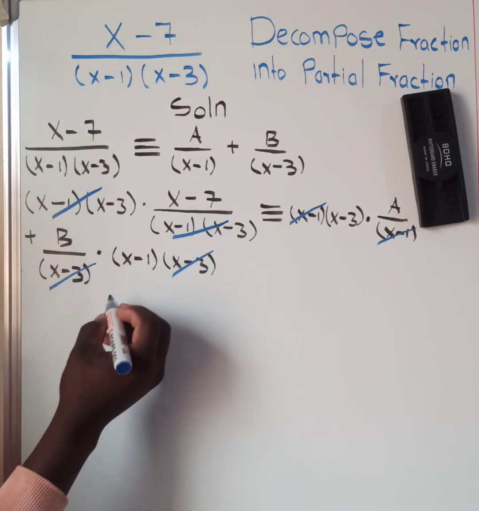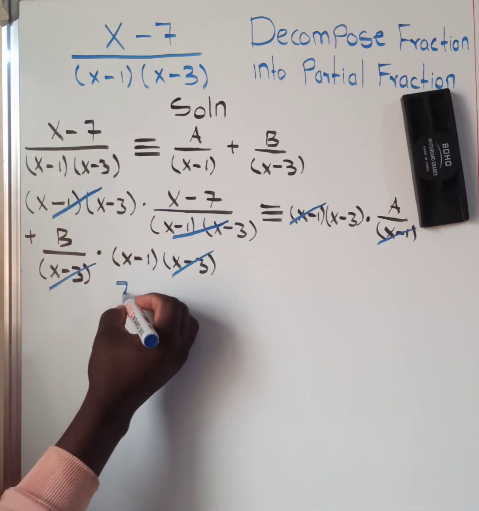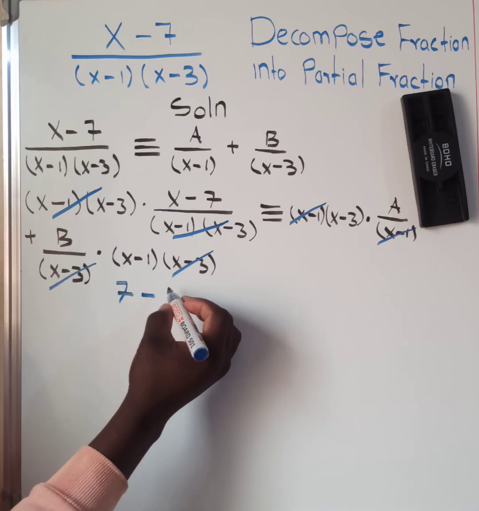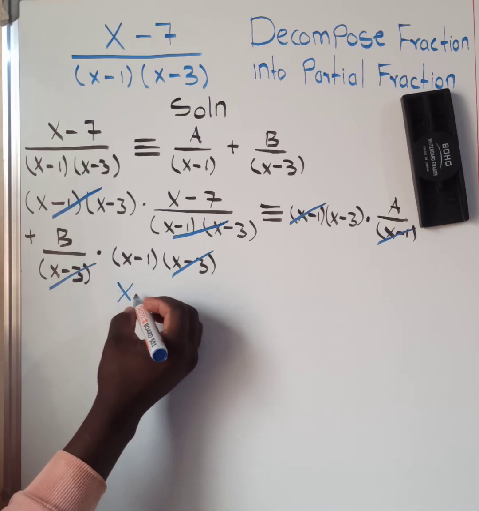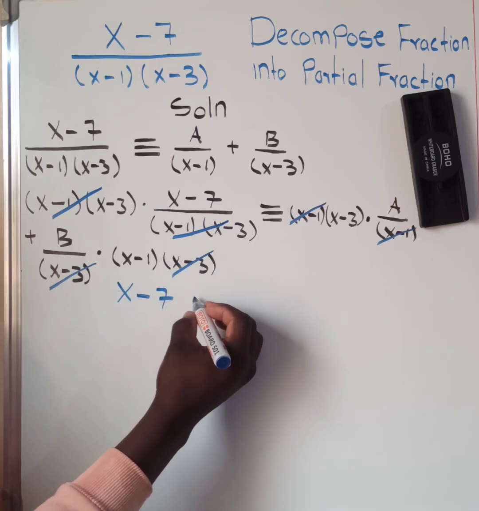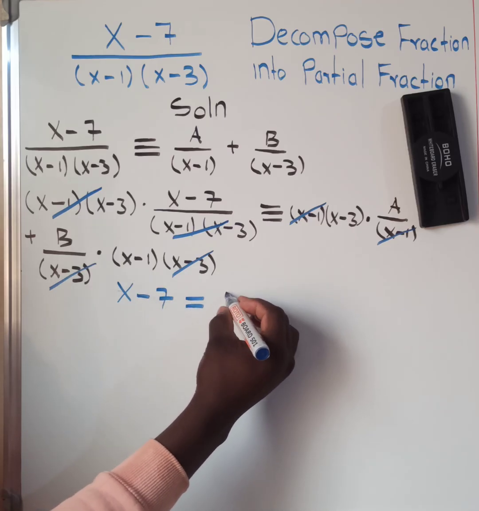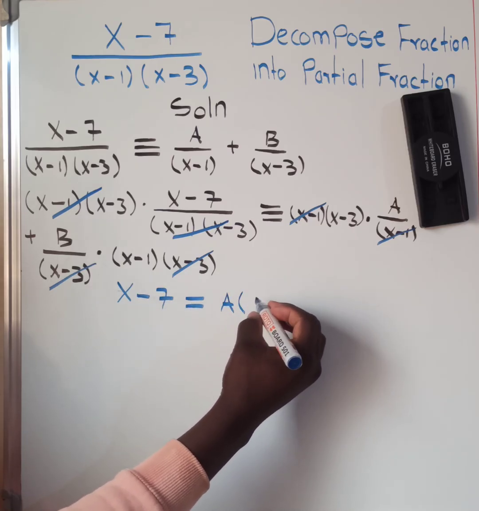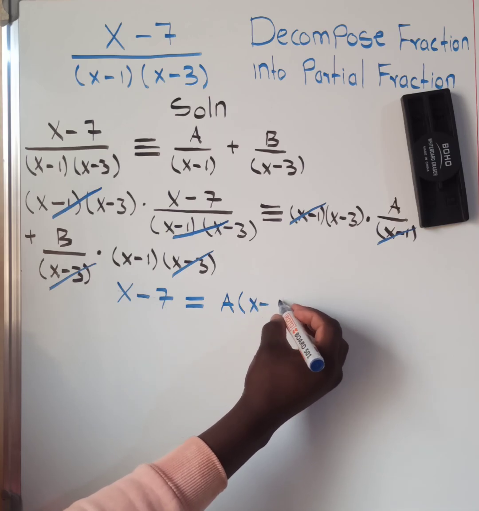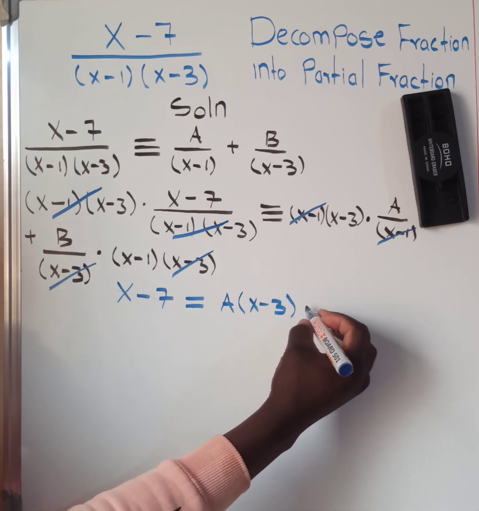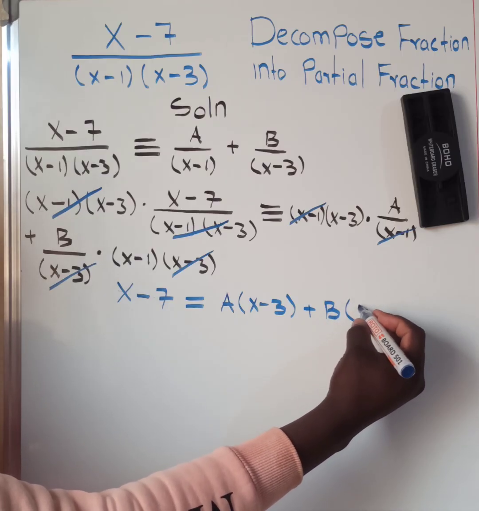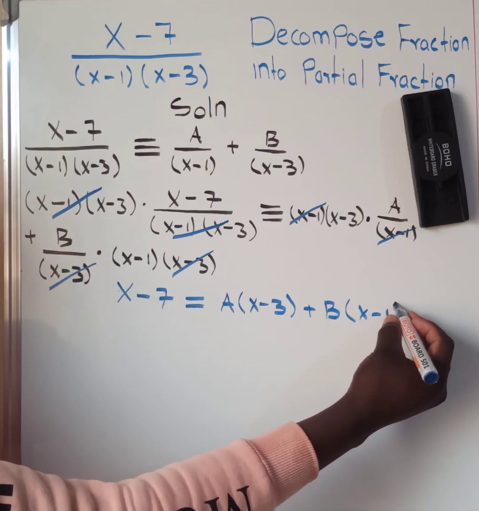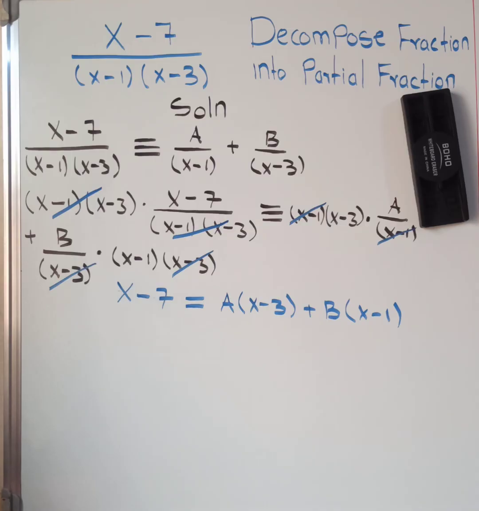So what I'm left with right now is x minus 7 equal to A(x minus 3) plus B(x minus 1). So now this is what we have.